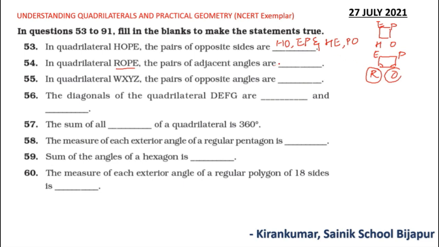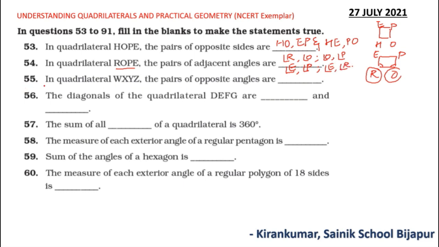So there will be 4 pairs of adjacent angles. Angle R, angle O is one pair. Angle O, angle P is another pair. Angle E, angle P is the third pair. And the fourth pair is angle E, angle R.